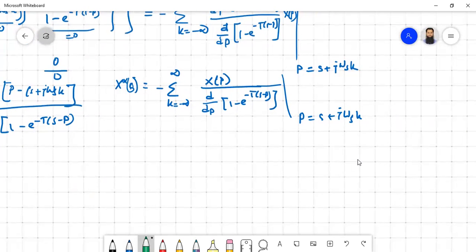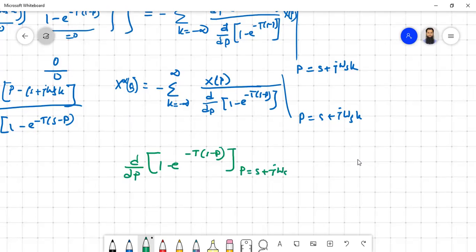Okay, so the limit in the denominator: d by dp of 1 minus e to the power minus t s minus p, then you have to set p equal to s plus j omega s k. If you do the differentiation, it will be minus e to the power minus t s minus p, the exponential remains as it is.